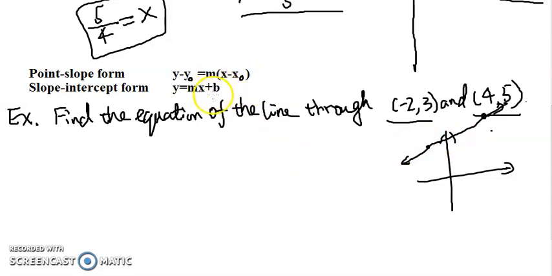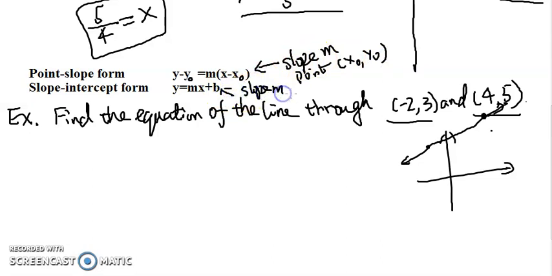Notice that, remember, to use the first formula, we must know the slope m, and we also need to know a point x0 and y0. And to use the second formula, we also need to know the slope m, plus we need to know the y-intercept.